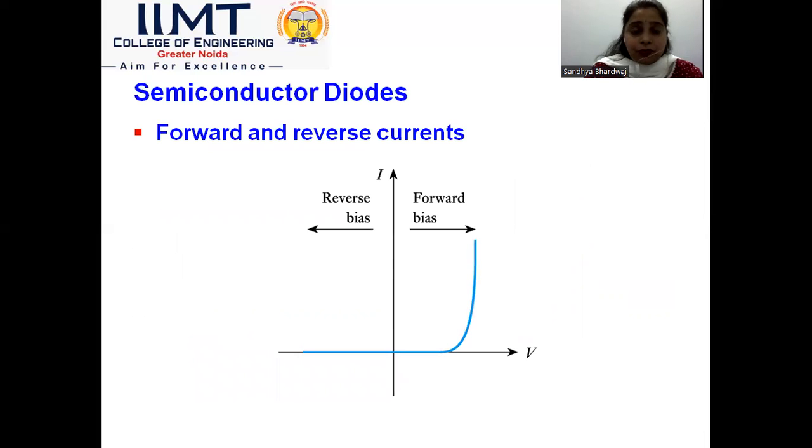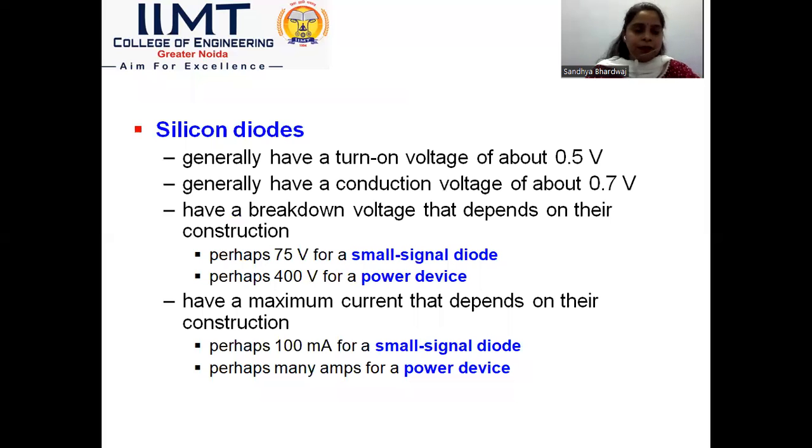Semiconductor diode, the forward and reverse current. Here is a graphical representation of how a semiconductor behaves in forward and reverse bias in terms of IV characteristic, applied current or voltage. Then what is a silicon diode? Silicon diodes generally have a turn-on voltage of about 0.5 volt and a conduction voltage of about 0.7 volt.